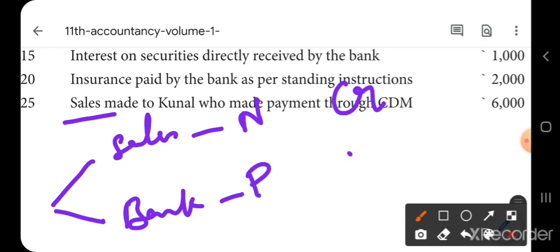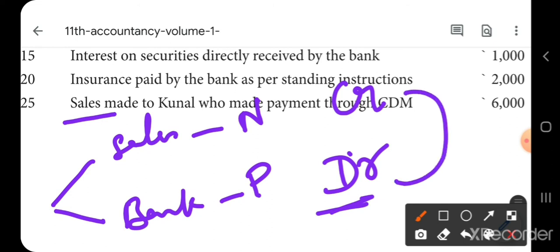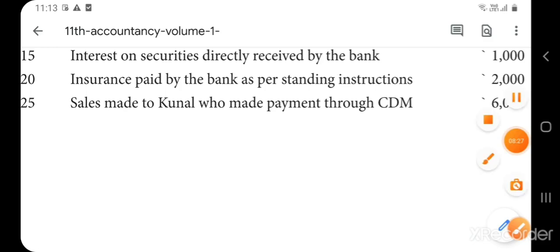Okay. So you debit the bank. Who made the payment? Kunal is making the payment to us. So we are the receiver. Debit the receiver. Our bank is the receiver. Okay, debit the receiver. So the entry will be bank account debtor to sales account.